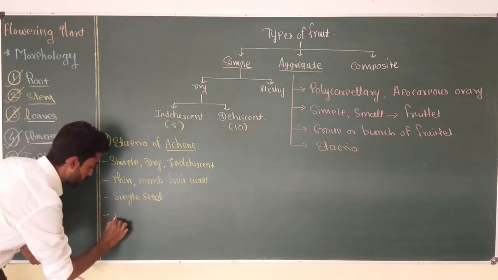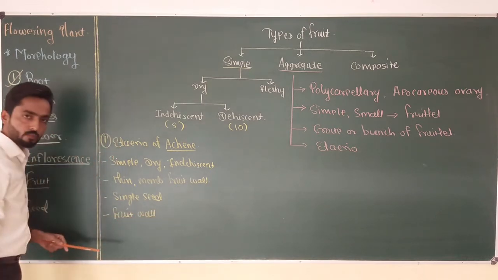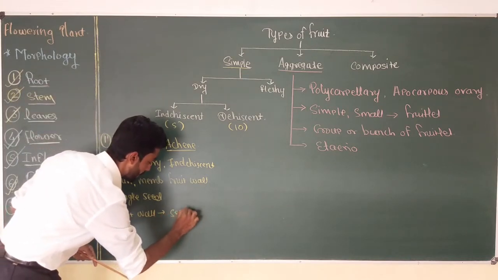Okay, so the fruit wall shows loose bonding with the seed coat.